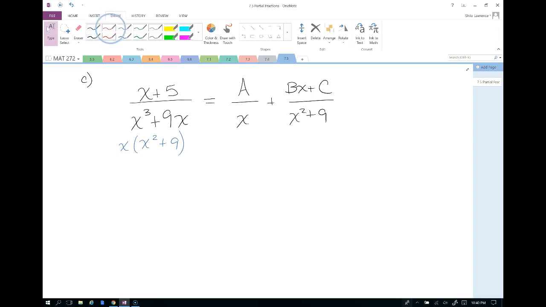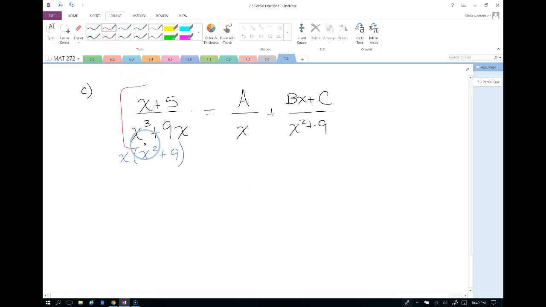Now, we need to multiply through by the original denominator to clear the fractions. Once the fractions are cleared, we can start solving. So remember, this is your original denominator. So when we multiply by the original fraction, it's going to completely cancel it out, and we'll just be left with our numerator.